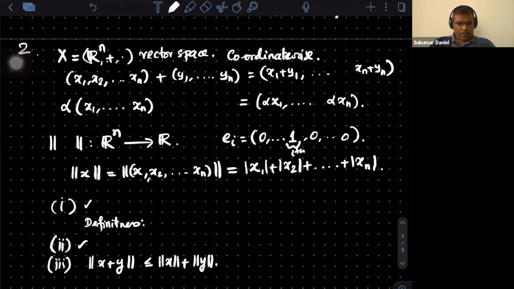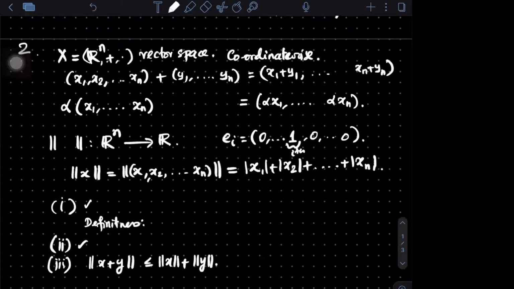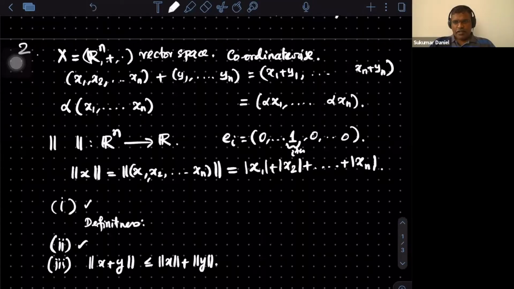Yes, Siddhant. Yes, sir. To get this inequality, are you using the triangle inequality of modulus?